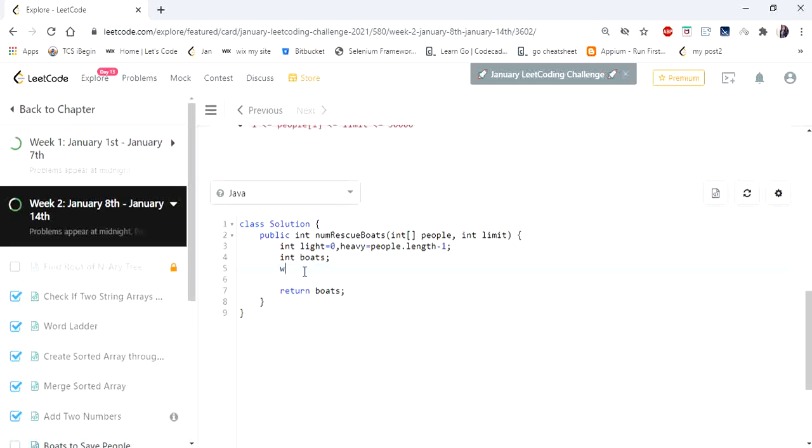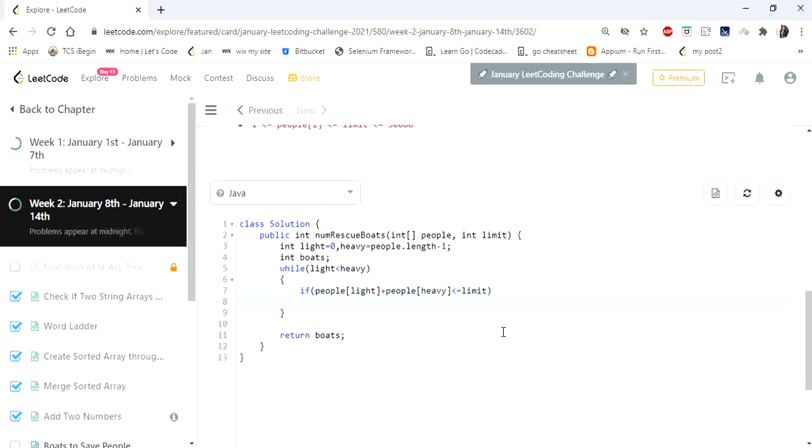Now I'm going to loop until the lighter and heavier pointers are finished. As they increment and decrement, they come to a middle point. While light is less than heavy, it iterates. It checks if the weight of the person at light added to the weight of the person at heavy is less than or equal to limit, meaning the boat can accommodate both.